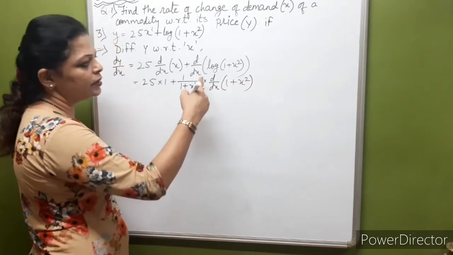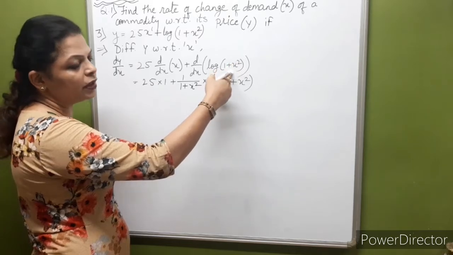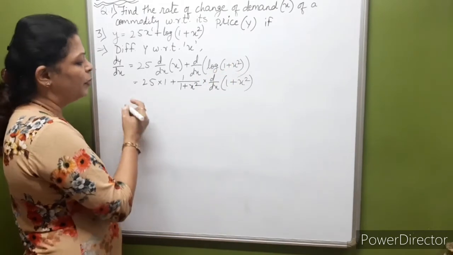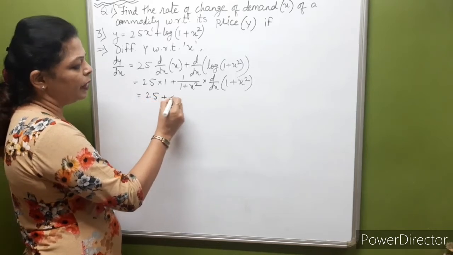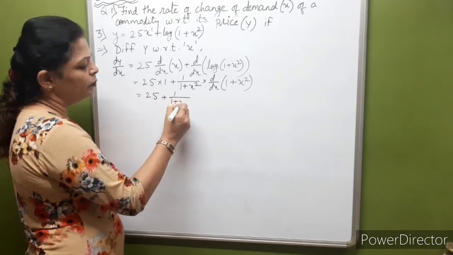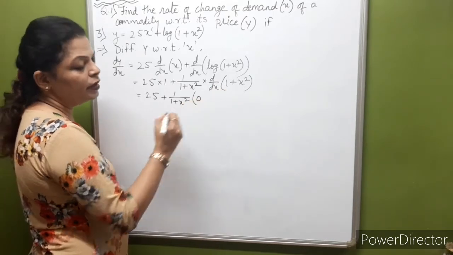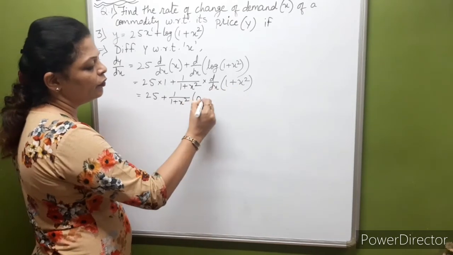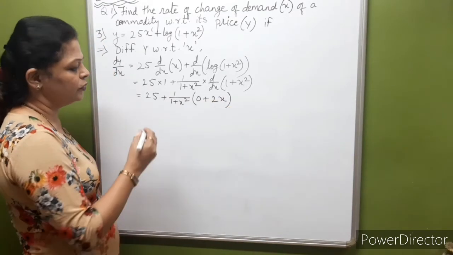Now you know this is a composite function. In place of x you have some other term, then we call it the composite function. So you get 25 plus 1 upon 1 plus x square into, now derivative of 1 will be 0 and derivative of x square is 2x. Right?